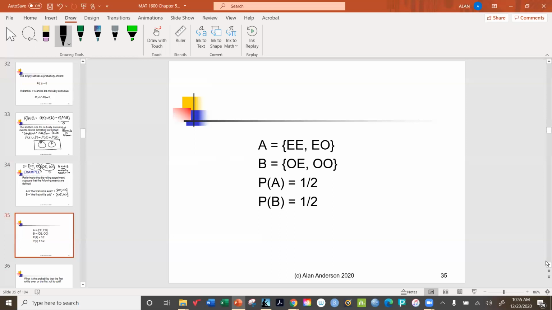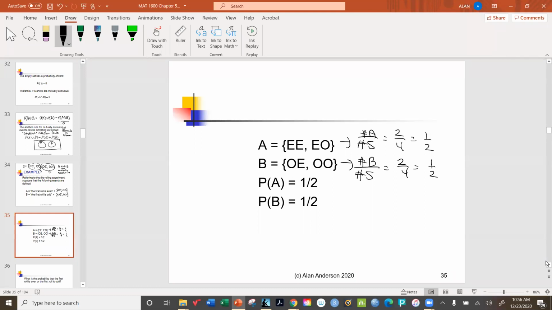By the way, as you remember from before, the number of elements in A over the number in S is 2/4 or a half. And that's why these probabilities are 1/2 and 1/2, because we can count them.